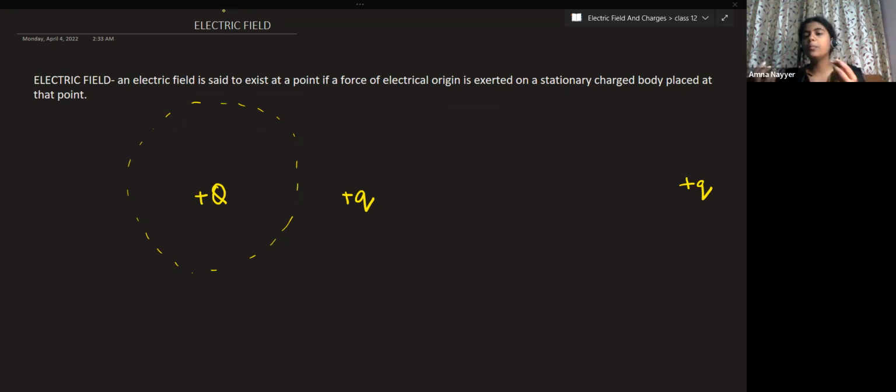So whenever you bring a test charge near it, it will experience a certain force. Had it been a negative charge, it would have attracted it. Here it is a positive charge, so it is repelling it. So the space around the charge in which electrical properties can be experienced, that region or space is known as the electric field.